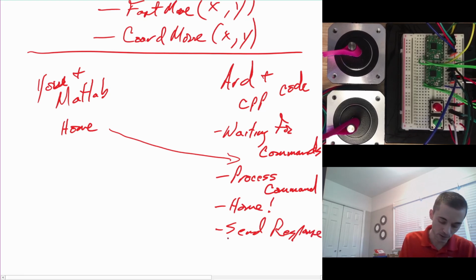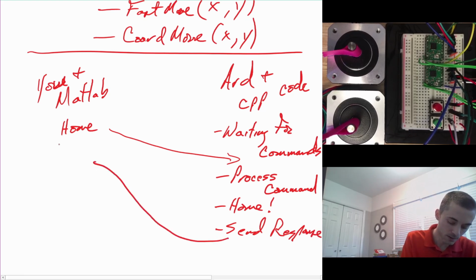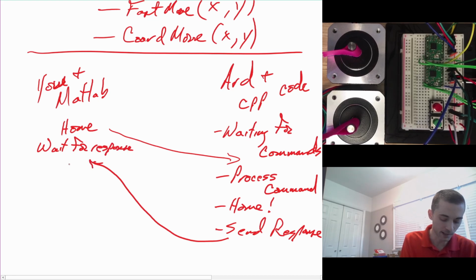And this goes back to here, where this piece of code was wait for response. So it comes back and then Matlab says, okay, now I can go to the next command.